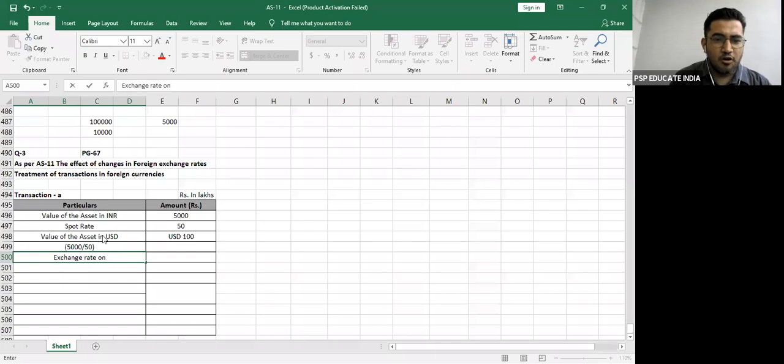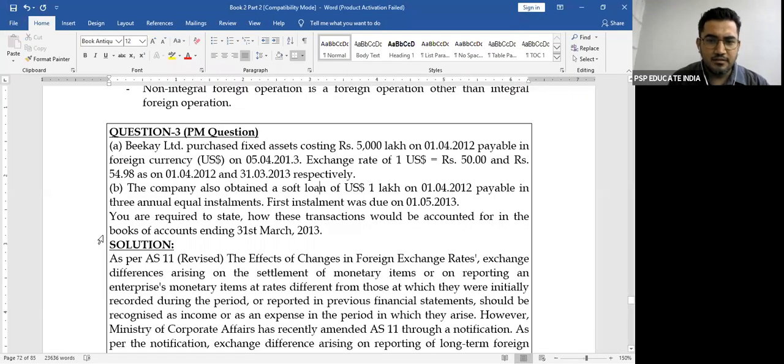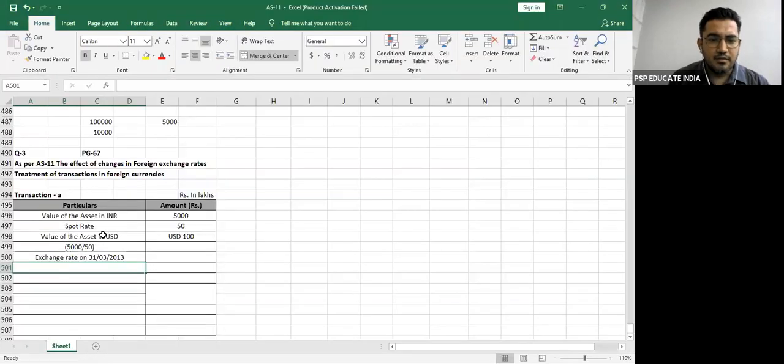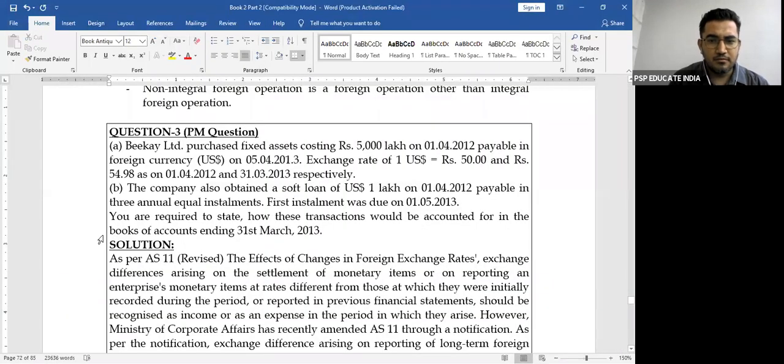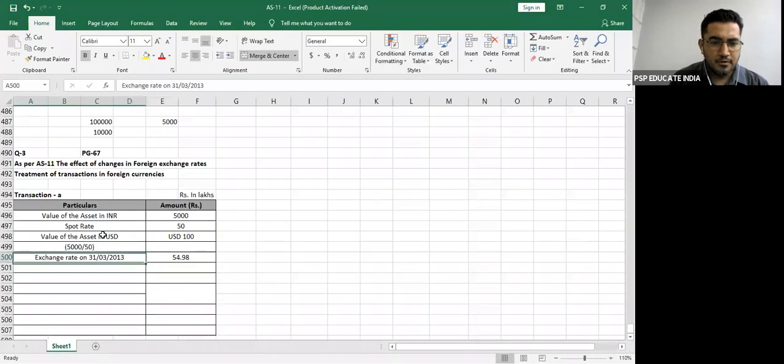Exchange rate on 31st March 2013 is 54.98.